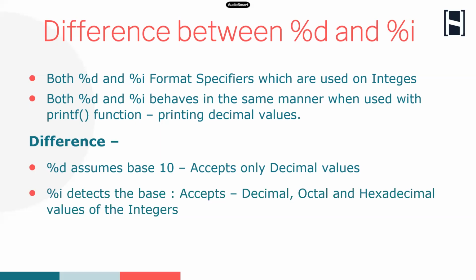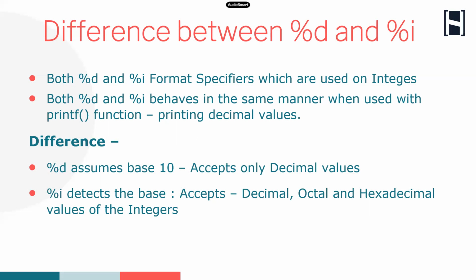Like that, percentage i, when I am using it in scanf, has the capacity to detect the base and then store the value accordingly. So that is the primary difference between percentage d and percentage i format specifiers. It is one of the very important differences asked even in interviews, and also helpful for us in our programs.